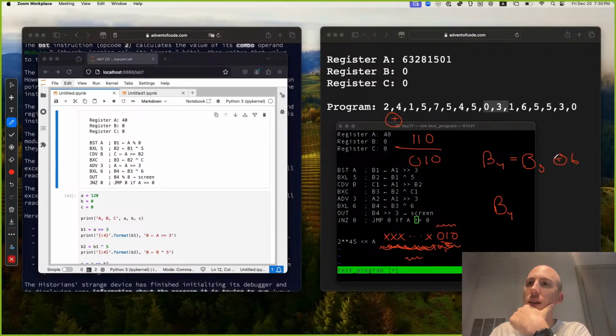Oh yeah, we would just do the XOR, and this cancels out to 0. So we just XOR B4 with 6. So B3 is just B4 XORed with 6.